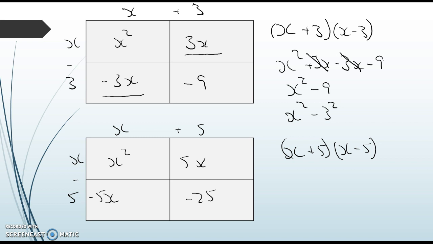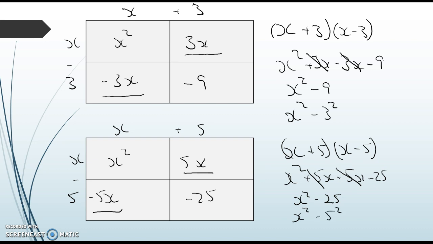Well, we can already see we're going to get the same result because our 5x and negative 5x are going to cancel each other out. x squared plus 5x minus 5x minus 25. Now, 5x's cancel, and we are just left with x squared minus 25, or x squared minus 5 squared. So we're back to our difference of perfect squares.